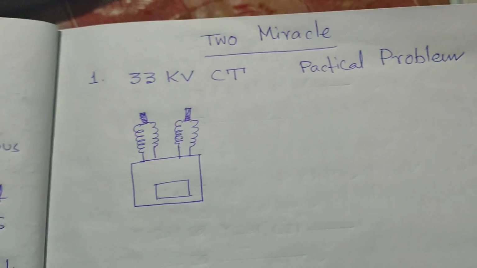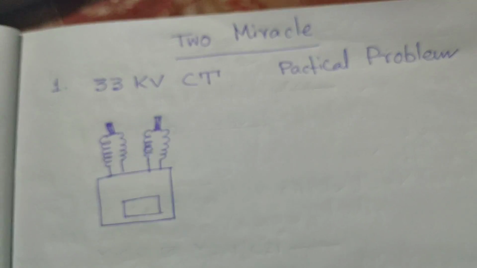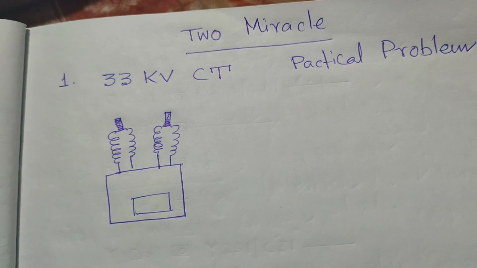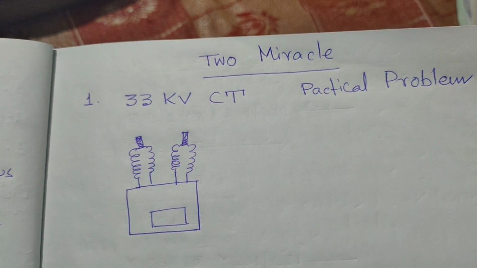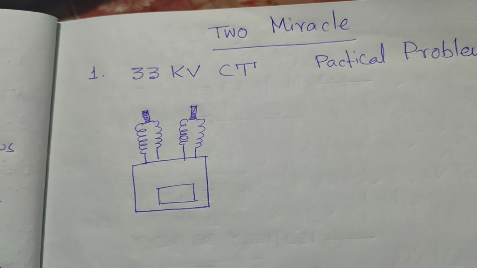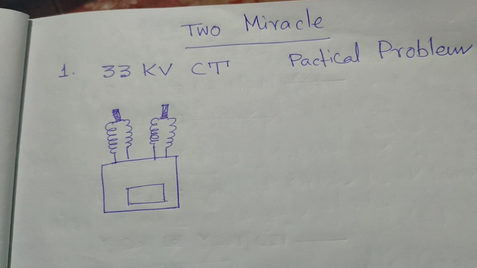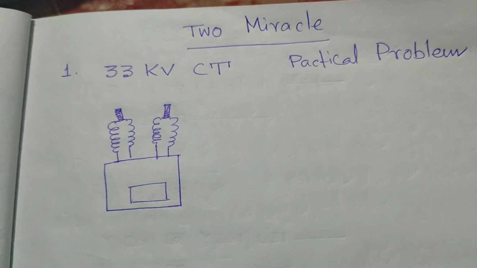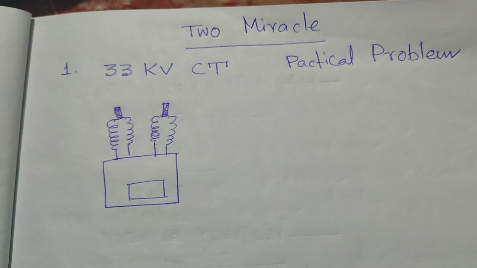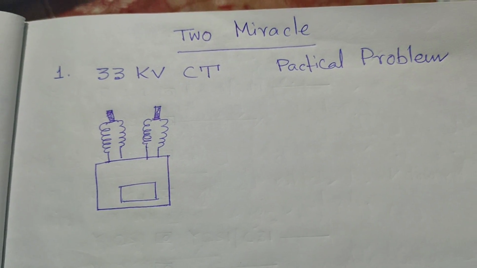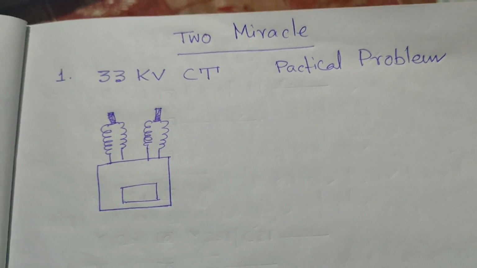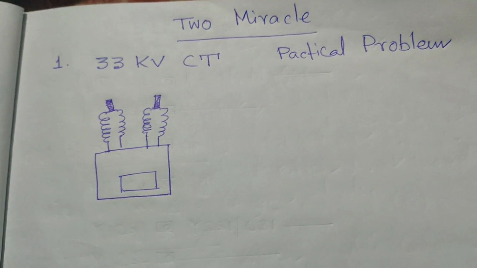The first problem was the CT secondary coil open. A particular 33 kV outgoing feeder was going out from the substation, and we had already tested the CT megger value and the current injection polarities, all the things we have done.